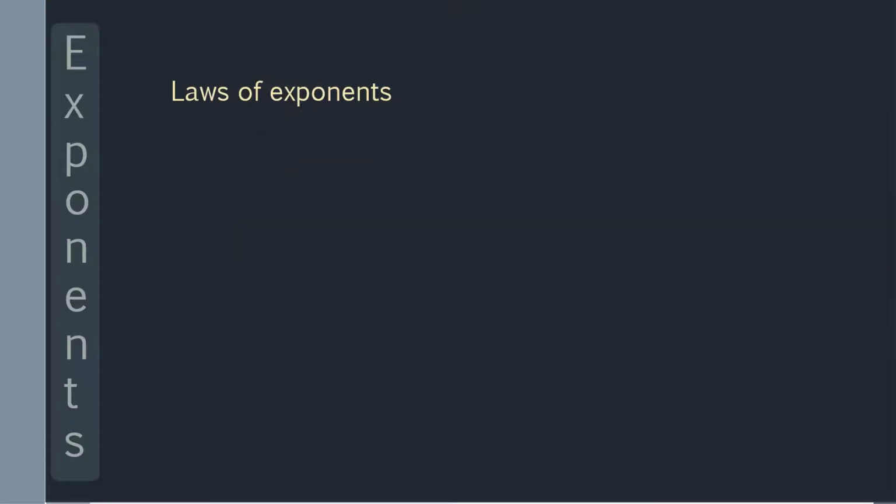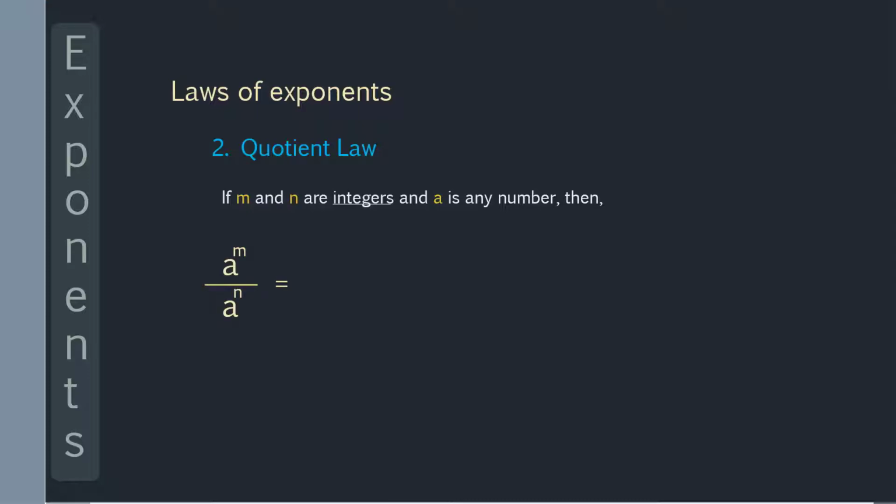The second law we will see is the quotient law. It says if m and n are integers and a is any number, then a raised to m divided by a raised to n is equal to a raised to m minus n when m is greater than n, and it is 1 by a raised to n minus m when n is greater than m.